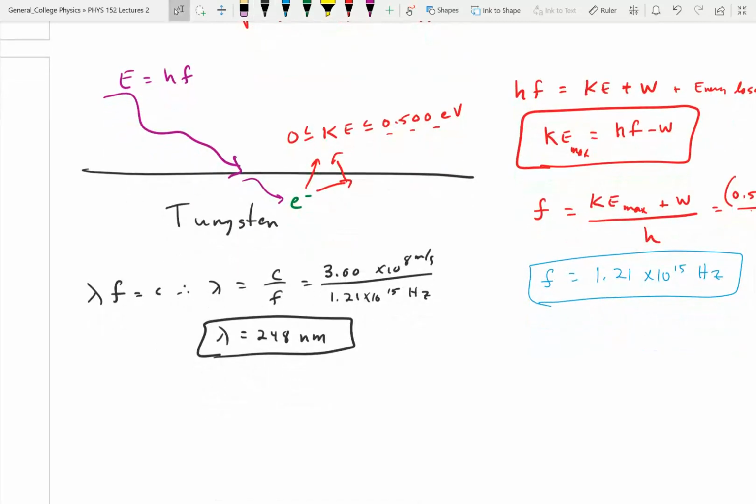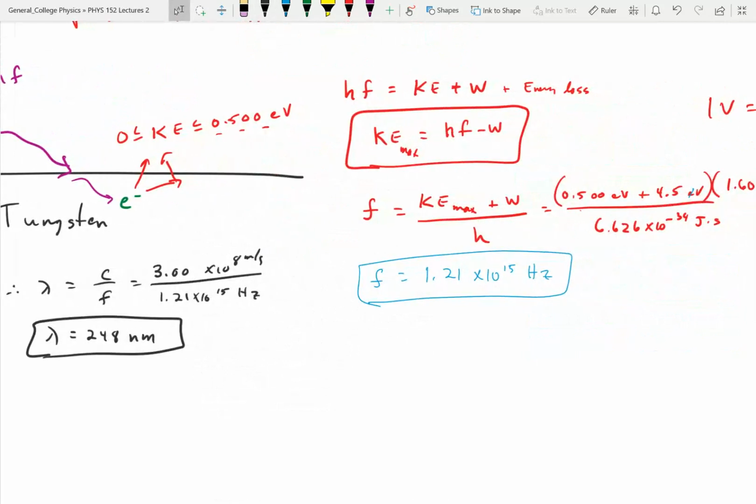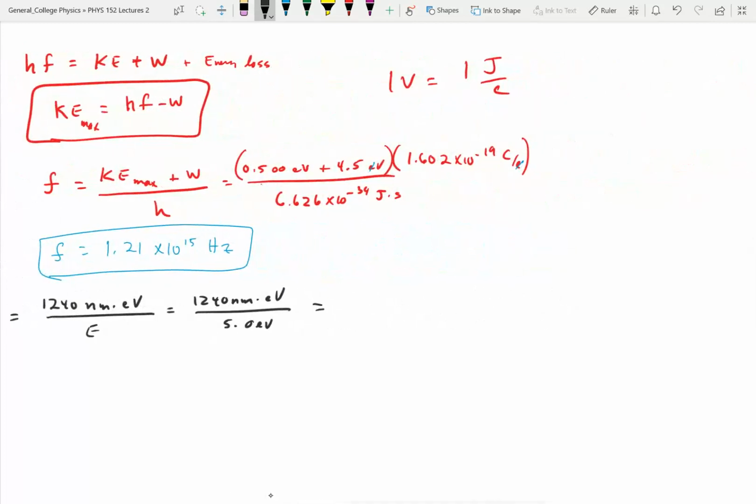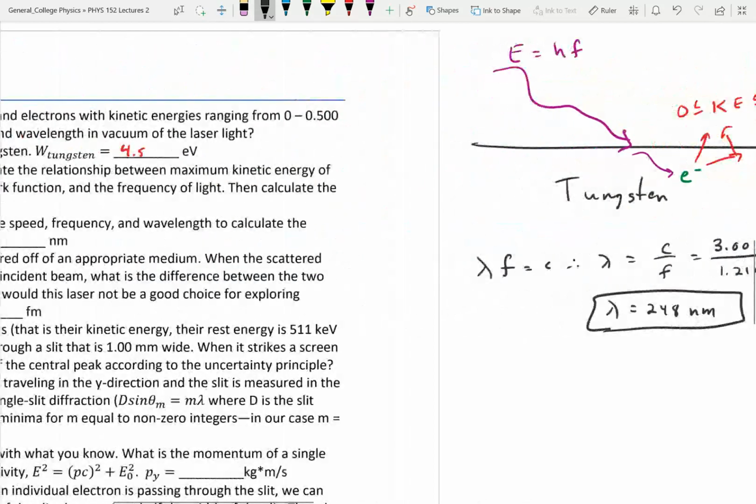Another way I could have done this that would have been quicker for me is because we know that wavelength is equal to 1240 nanometers times electron volts over the energy, then I just would have had 1240 nanometers times electron volts over 5.0 electron volts is equal to 248 nanometers. Same actual calculation.